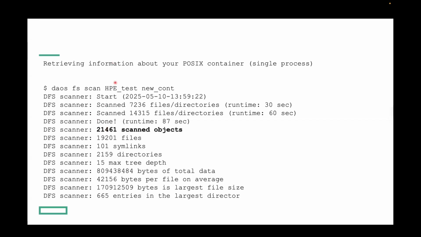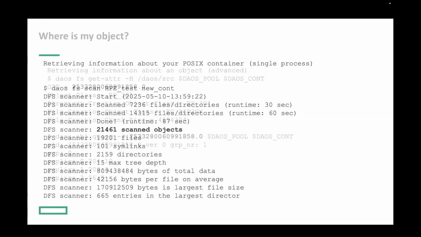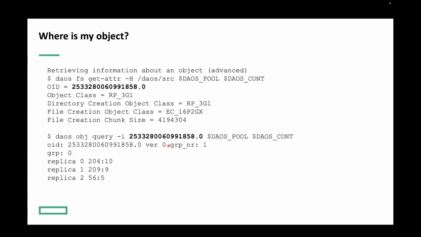The DAOS FS scan with pool name and container name would show you certain information about your container, how many objects you have, files, and so on. And you can point the path in your pool and container and get a particular object ID, and then you can use the DAOS object query on that object ID to get where exactly, which are all the nodes where the object is being placed.